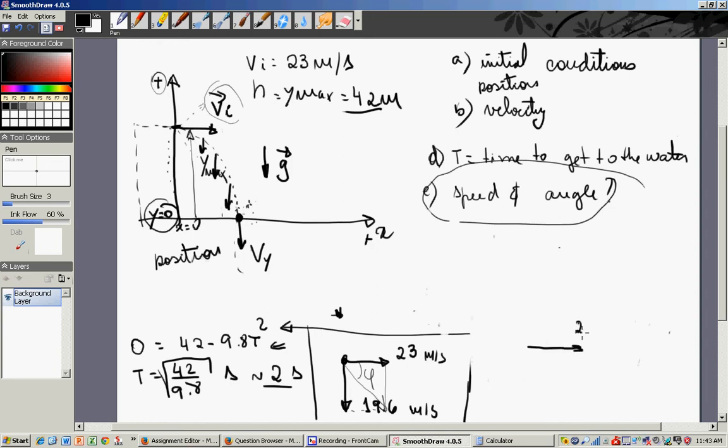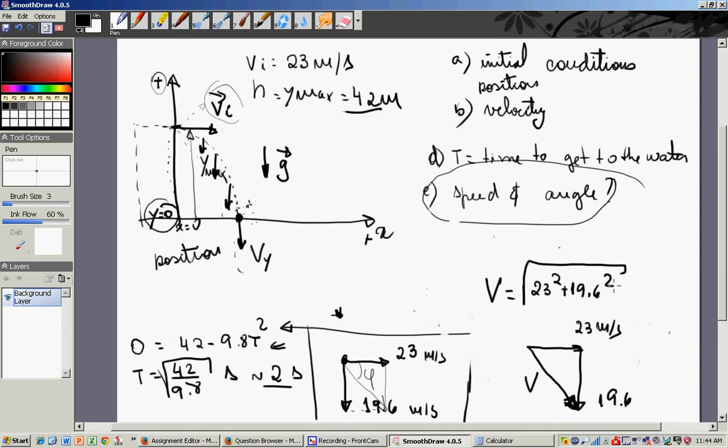So how do we add these two vectors? We want to find the magnitude of your velocity vector and the angle phi. In other words, you have your 23 meters per second like this, and you have your 19.6 meters per second like that, and we want to find the magnitude of this vector.